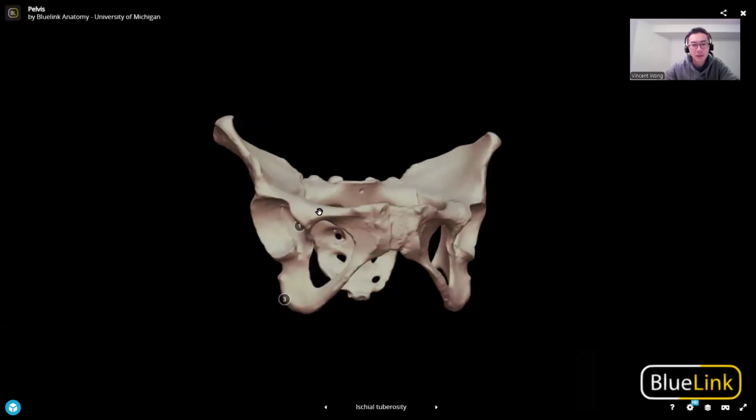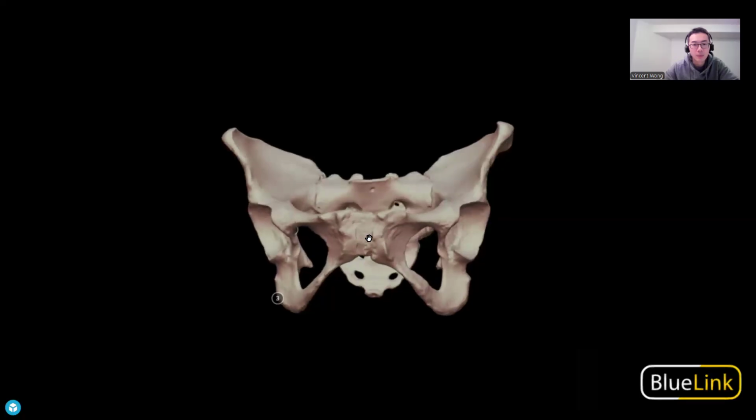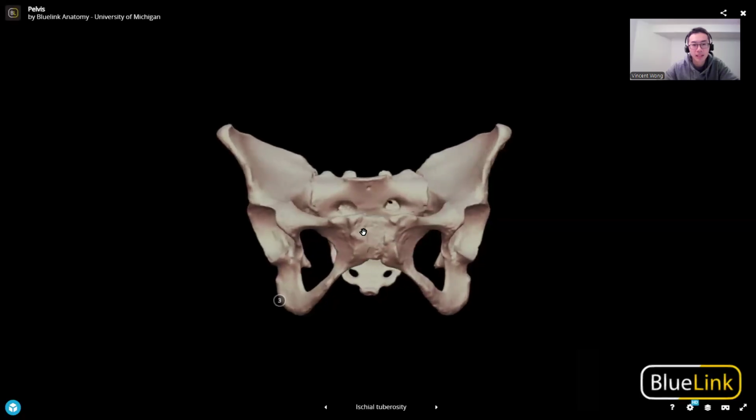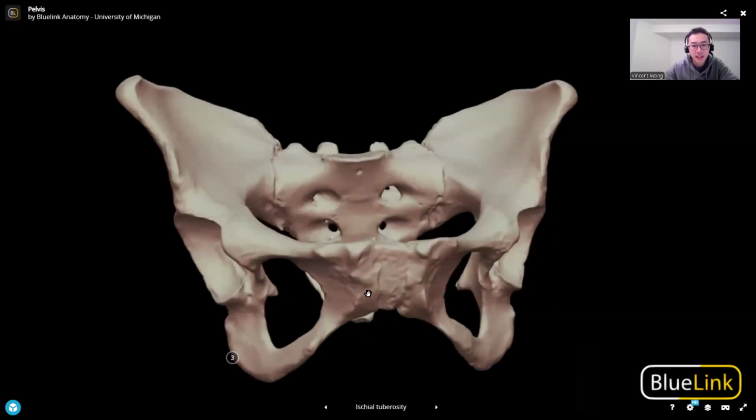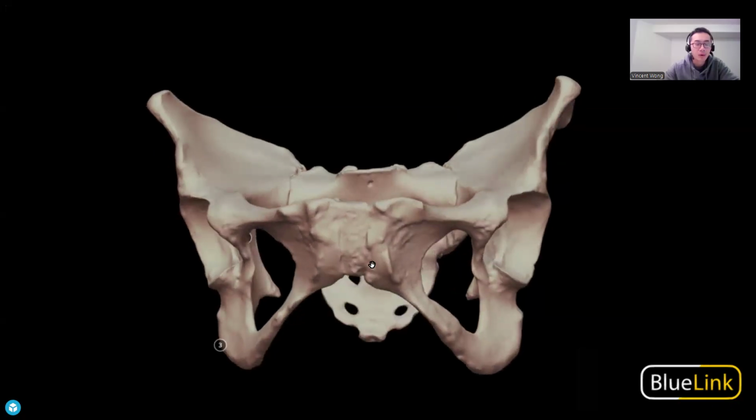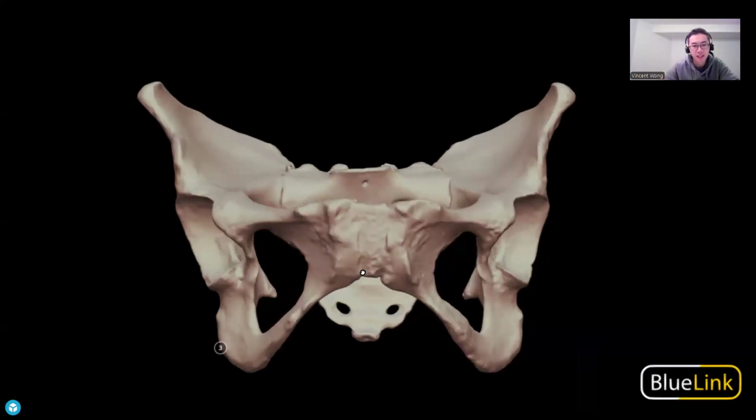And at the front, we have another bone called the pubis. The two pubis bones at the front connect together with a bit of cartilage here. It's called the symphysis pubis. It's just a cartilage that gives the hip a little bit of flexibility.